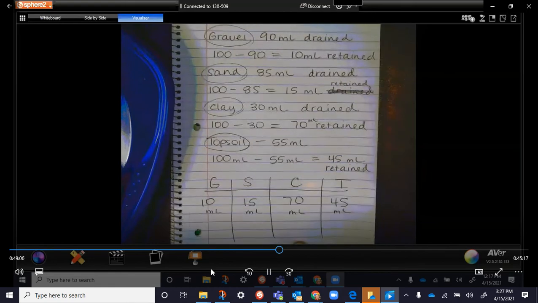How does all that information connect back to the particle sizes? It's talking about how big or small they are. For the gravel, they were pretty big sizes, so not a lot stayed in with them. And then the sand, they were tiny, but you could still see the individual parts. So that's why a little bit more was there.